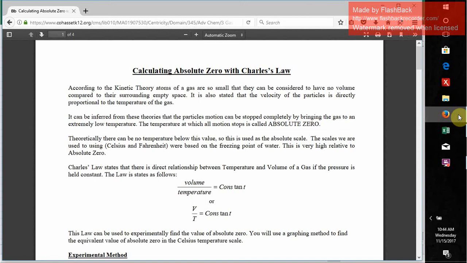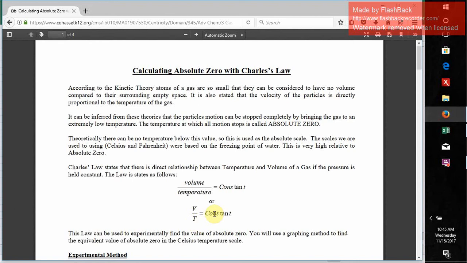I want to use an instructional chemistry lab type example to illustrate these analyses. So let's take a look at Charles' law. Charles' law is derived from the ideal gas law, and it's often represented as we see here. The volume of a gas divided by the temperature of the gas is constant as long as pressure is held constant.